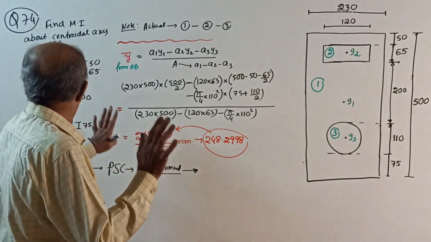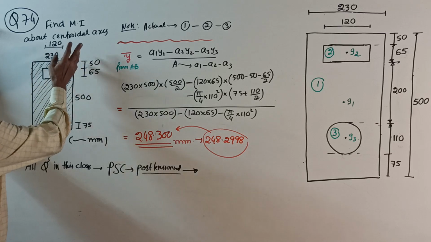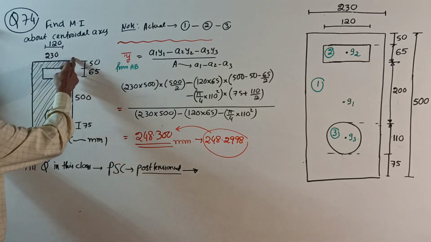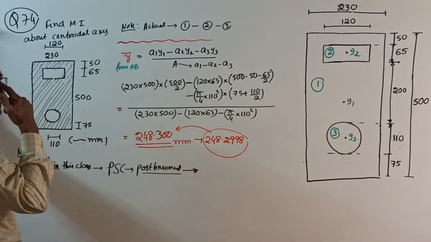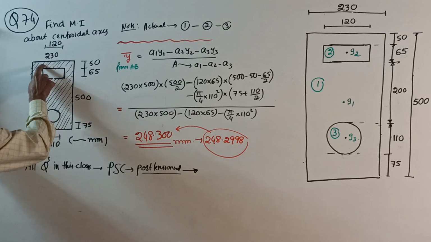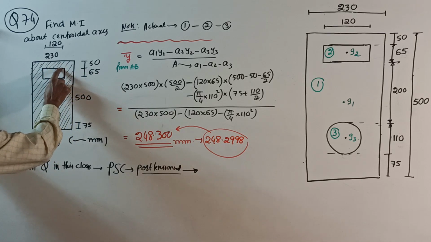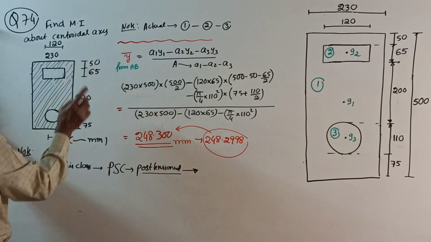The question is: a rectangular section of a beam, 230 by 500. There is a rectangular hole of width 120, depth 65, top edge of it at 50 mm from top.